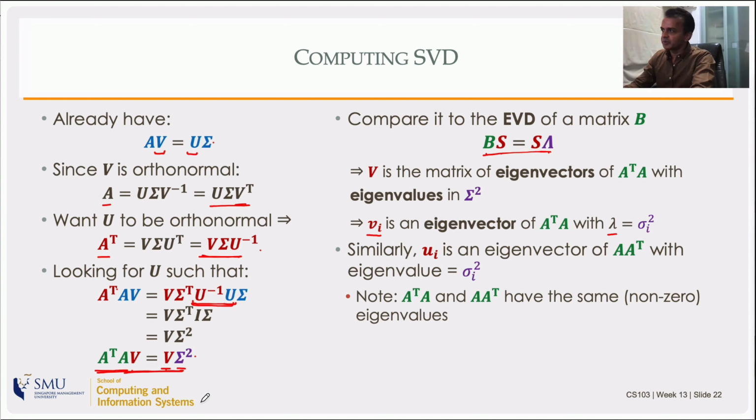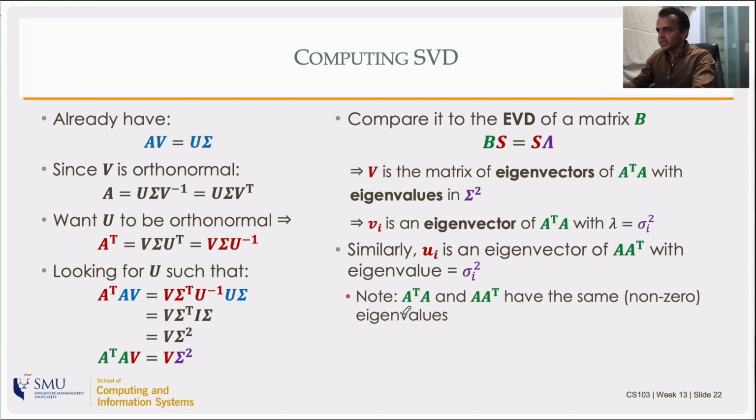So we found our special basis on the input side such that it will go to an orthonormal basis on the output side, which we implemented by insisting that this be equal to the identity matrix. And similarly, if you want to compute Ui, you take A A transpose and do the multiplication the other way, and you will get the eigenvalues sigma i square again, and you will get Ui to be the eigenvectors of A A transpose.